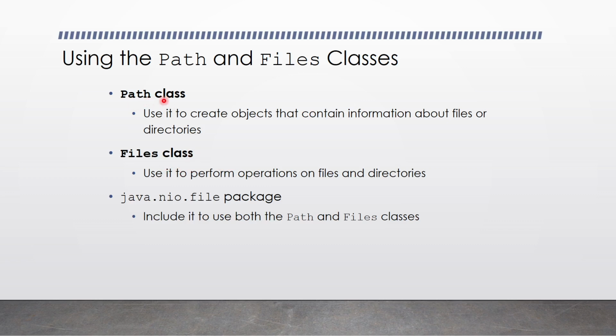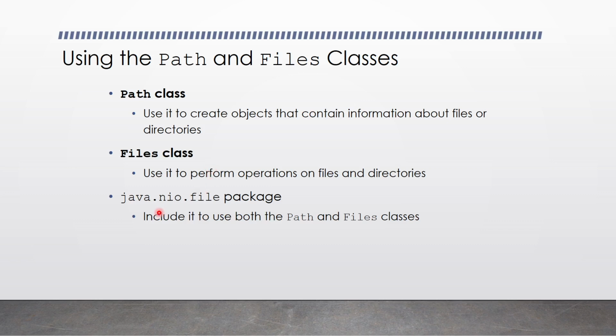The Path class is used to create objects that contain information about files and directories, such as their locations, sizes, creation dates, and whether they exist. The Files class is used to perform operations on files and directories, such as deleting the file, determining their attributes, and creating input and output streams.